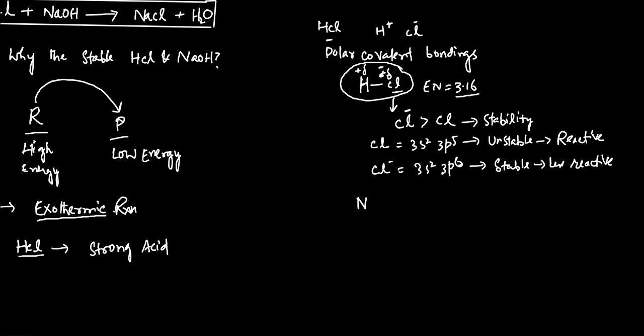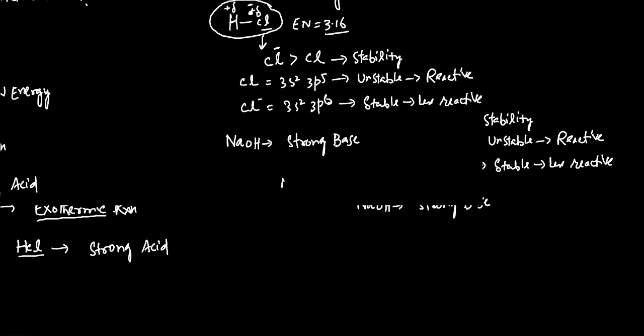Now the next thing that we see here is our second reactant, which is a strong base, sodium hydroxide, which is a very strong base. And when we say strong base, it means it's very reactive as well. But what makes it so reactive, when sodium is already in the plus one oxidation state here?